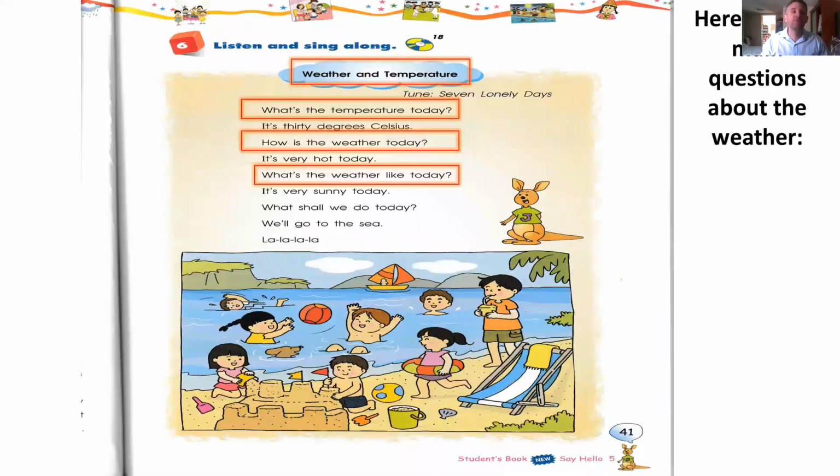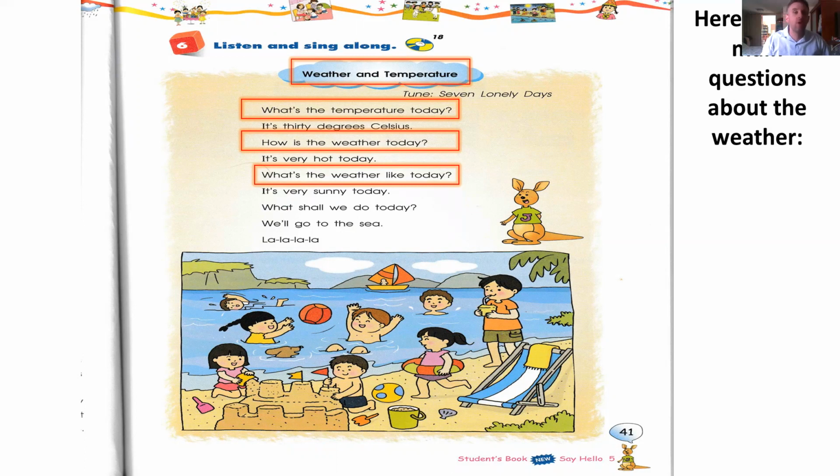And now we can continue with weather and temperature. You remember? So you can repeat that. Weather, temperature. In the red rectangle, you have the main questions about the weather.